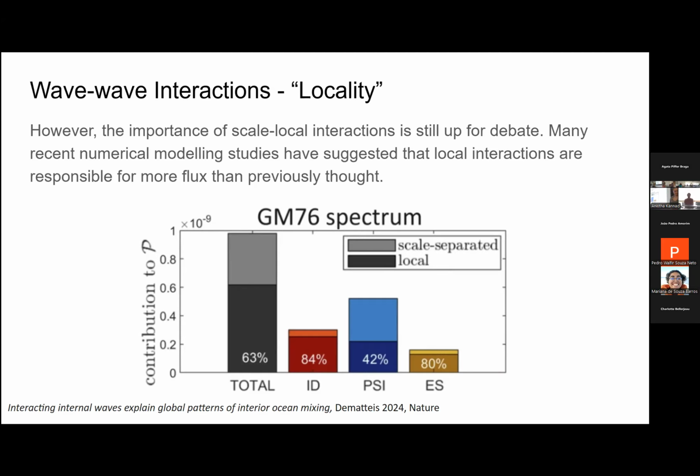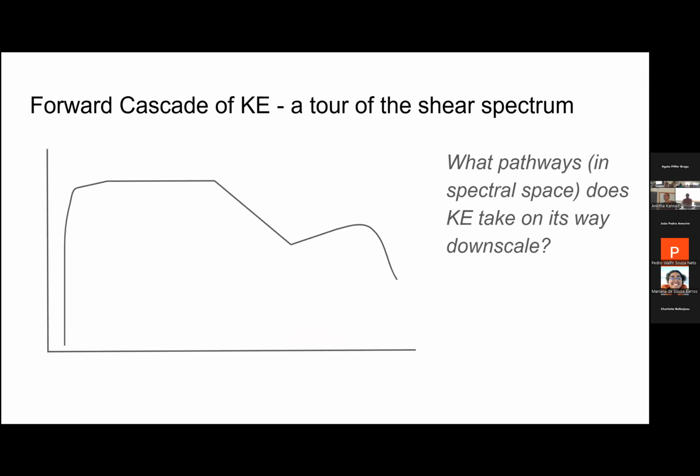I think this recent shift in the way that we're thinking about it has a lot to do with being able to model things at higher resolution for longer amounts of time, versus leaning more heavily on theory, but it's totally not my area of expertise. So, cool. Moving on from wave-wave interactions to the mechanisms that pass energy between scales. I'm going to do a tour of the forward kinetic energy cascade in spectral space.